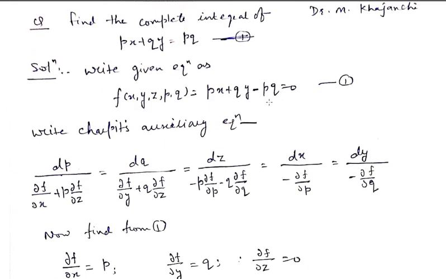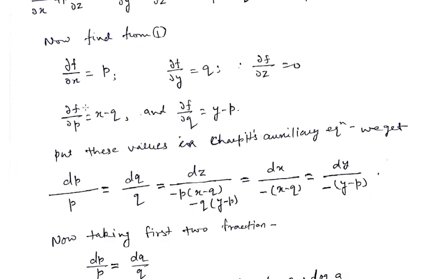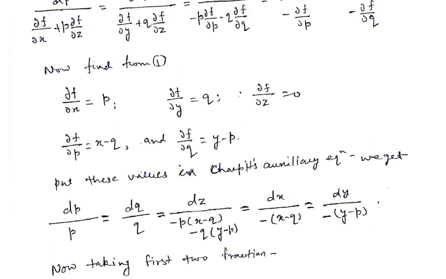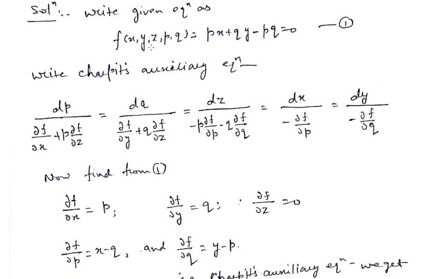Now say this f is equation number 1. We are to calculate the partial derivatives of f with respect to x, y, z, p and q. So we differentiate this equation with respect to p only.